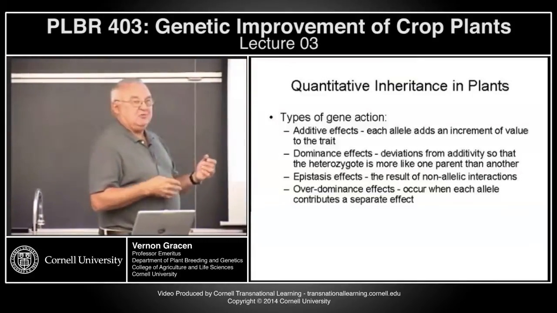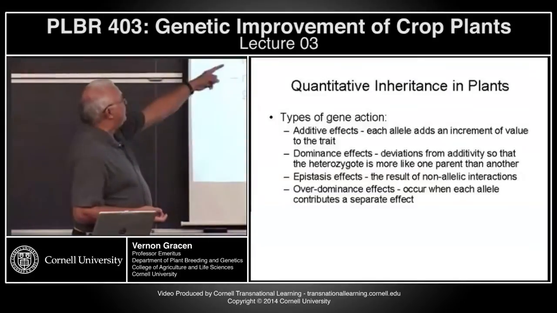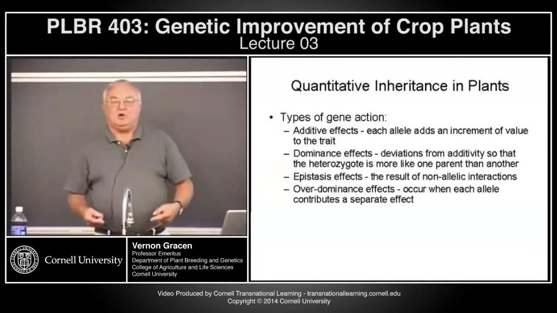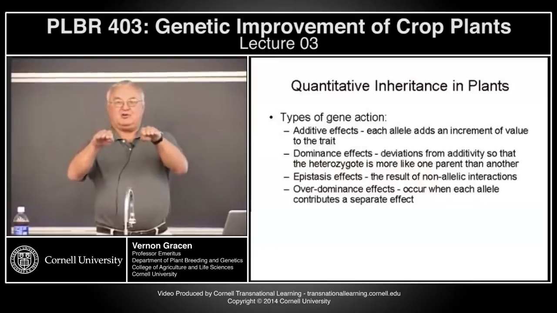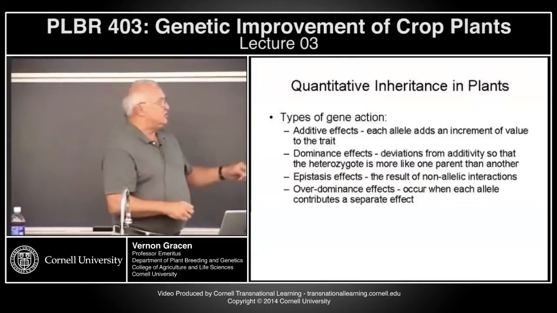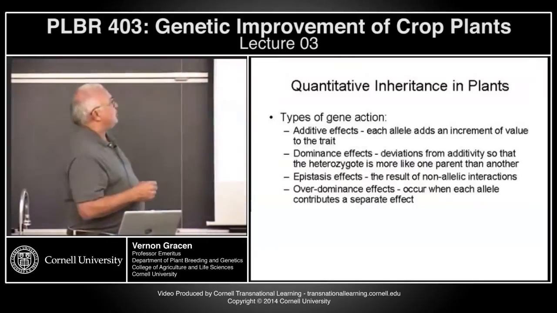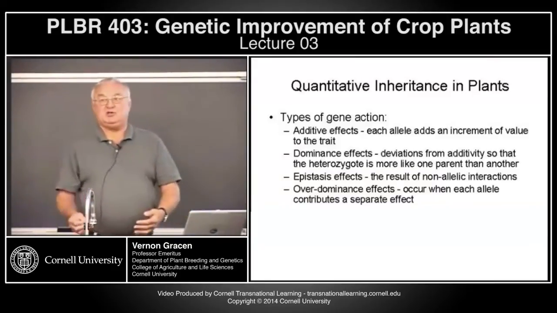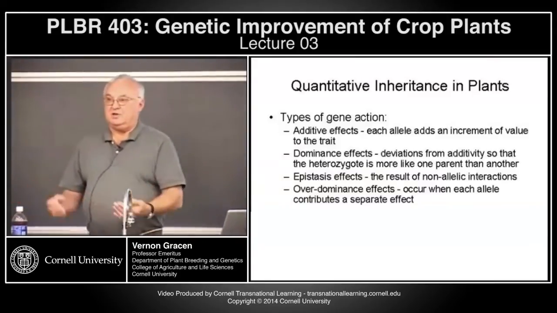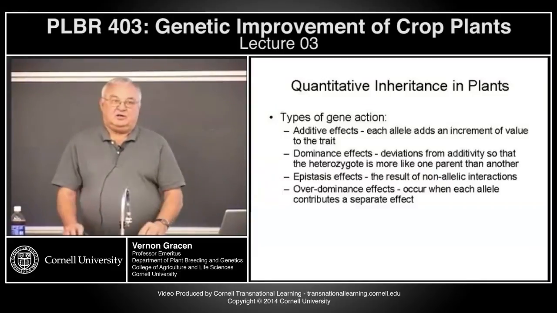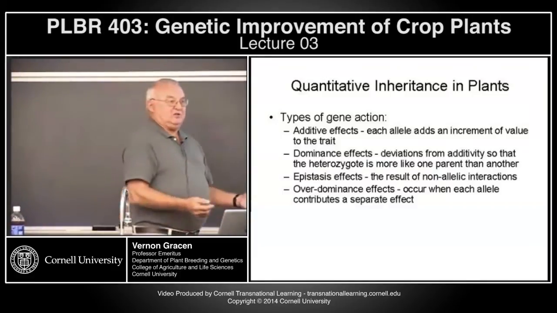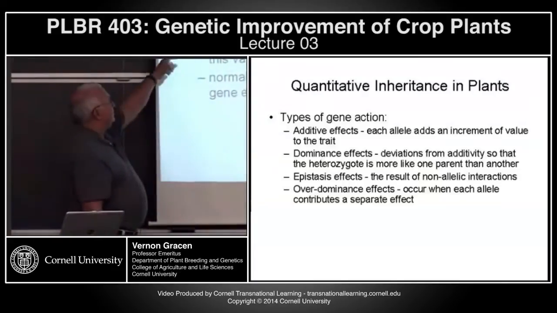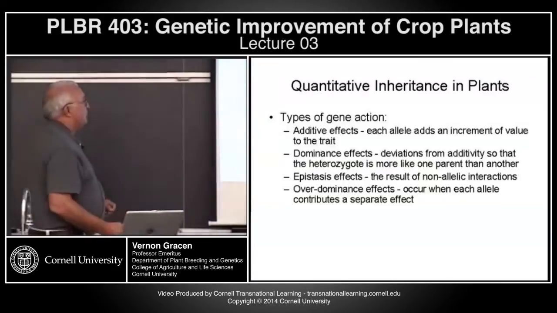But at any rate, once you get characters controlled by multiple genes, you have trouble following the effect or impact of individual genes. So even though these multiple genes follow the same laws of segregation and independent assortment that Mendel proposed, they follow the same laws of being located on chromosomes and being linked and crossing over that Morgan proposed.